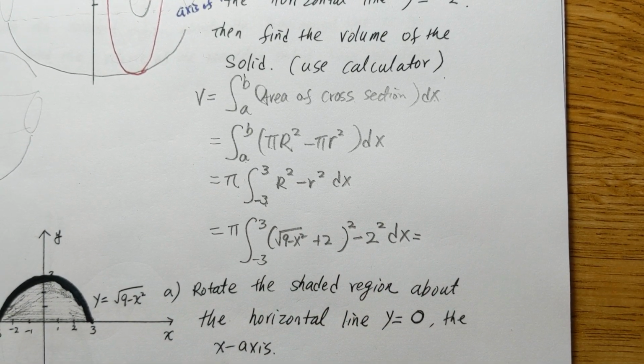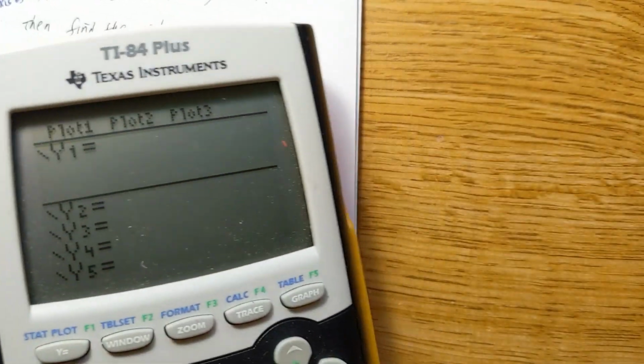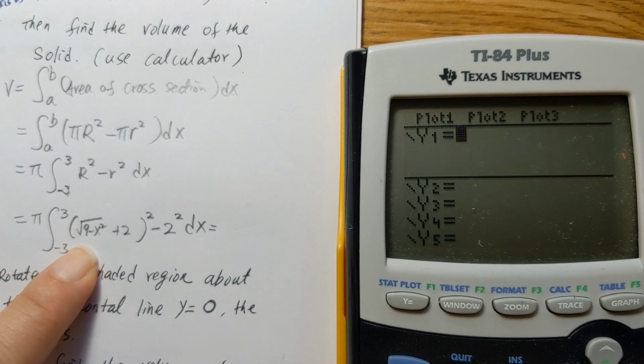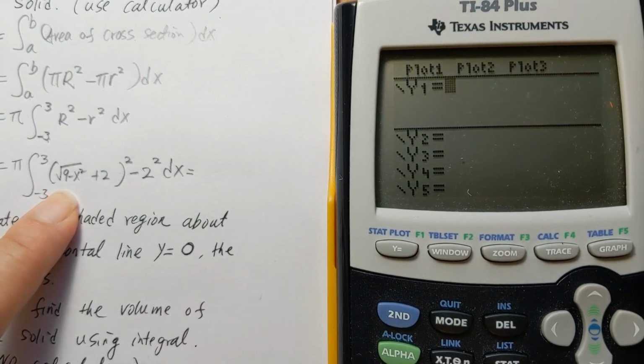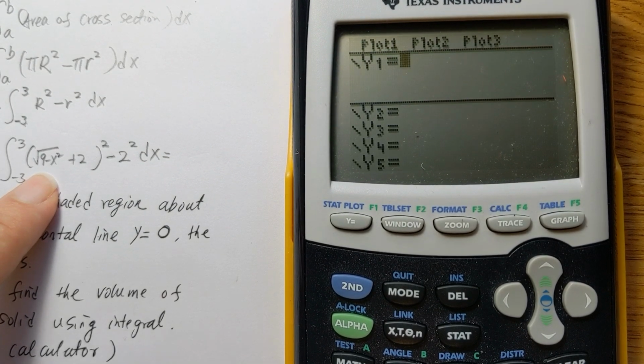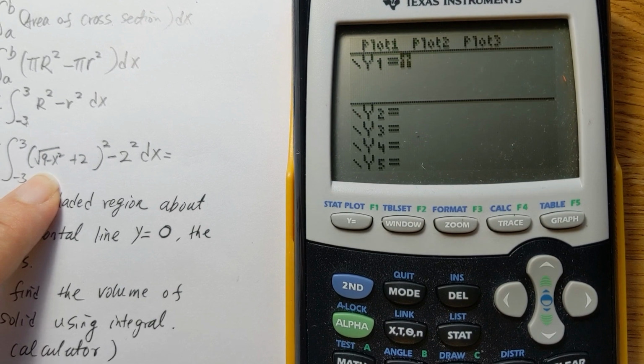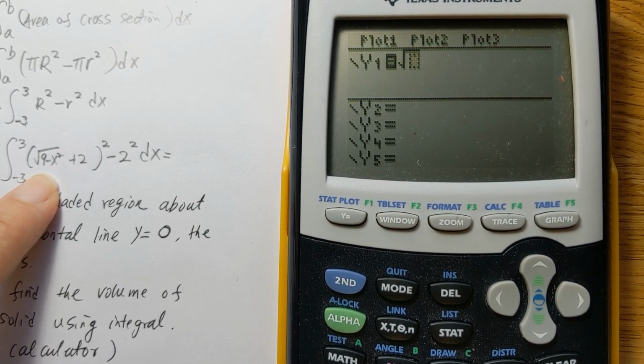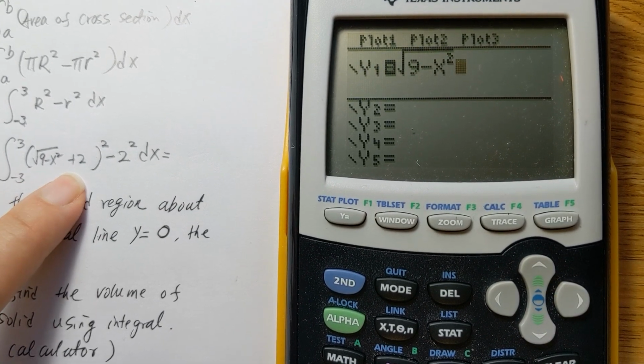So we're going to go back to our calculator. I'm going to use my y1 because I don't want to type in this whole thing. Sometimes it gets complicated when your R is a very complicated one. So I'm going to make my y1 equals square root of 9 minus x squared and then plus 2.